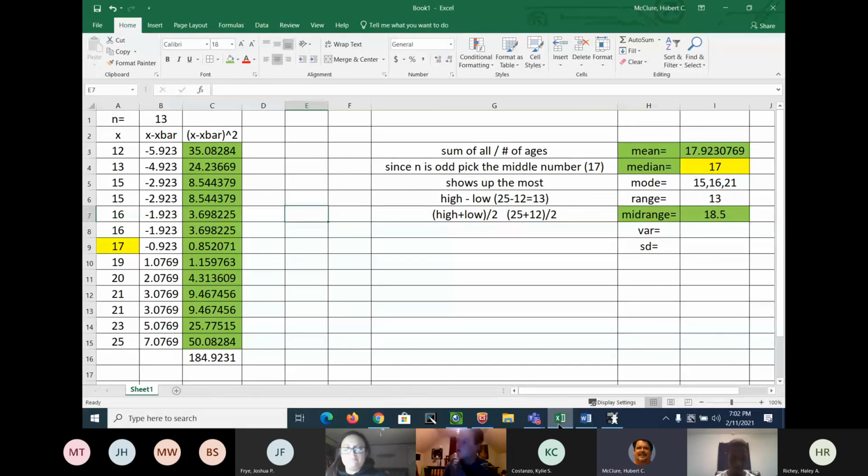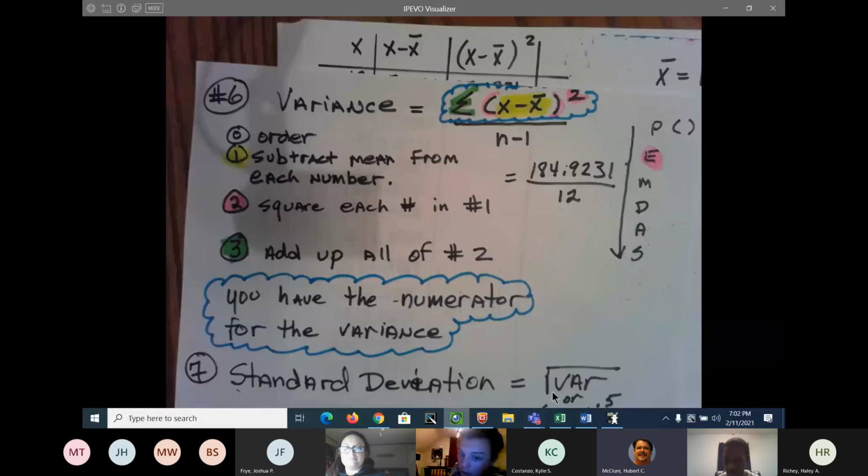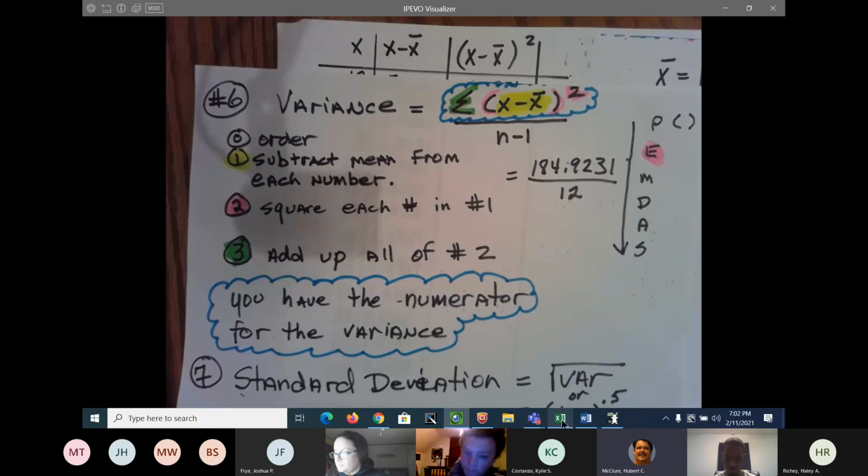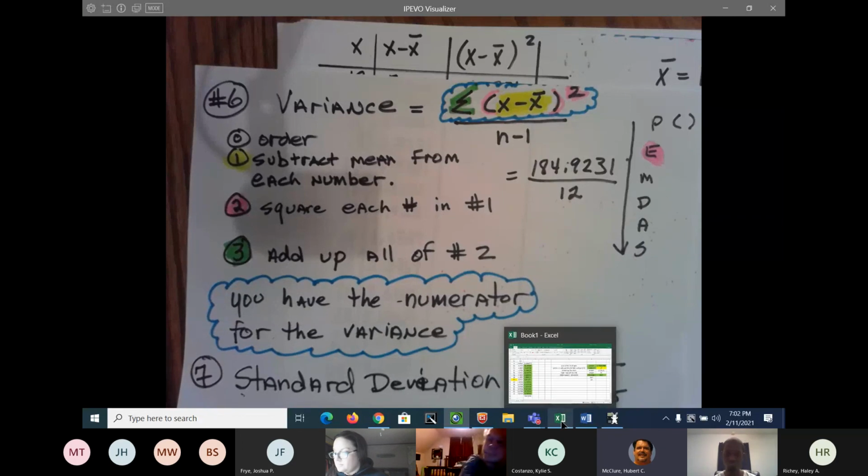So if those of you following along, there it is right there. 184.9231. Do that in your calculator, and I'm going to do it in my spreadsheet. 184.9231 divided by 12.